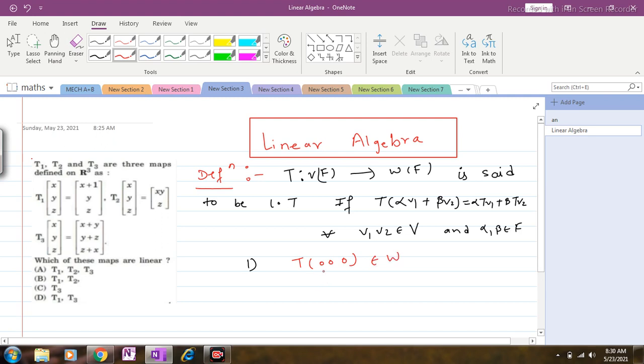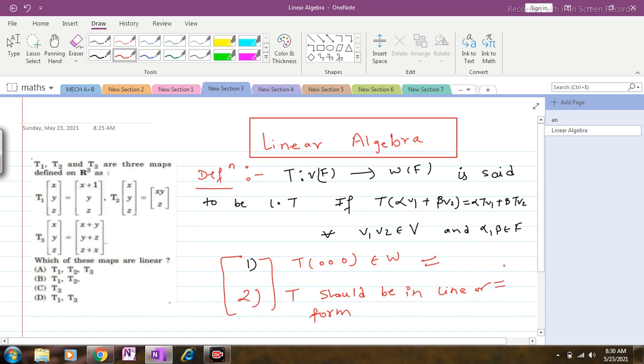Second, T should be in linear form. So by using these two we can discard the options whatever we are getting in the exam. So these two things are most important while checking a linear transformation.